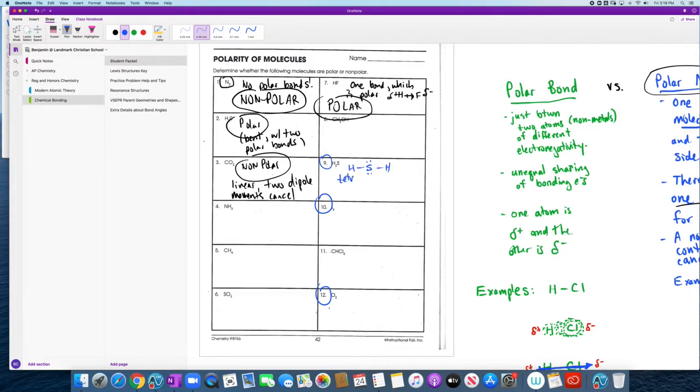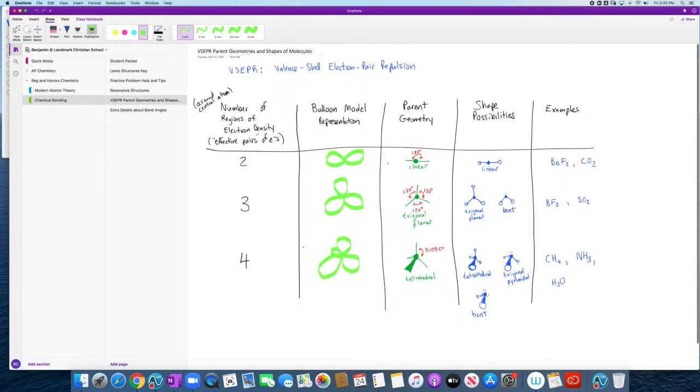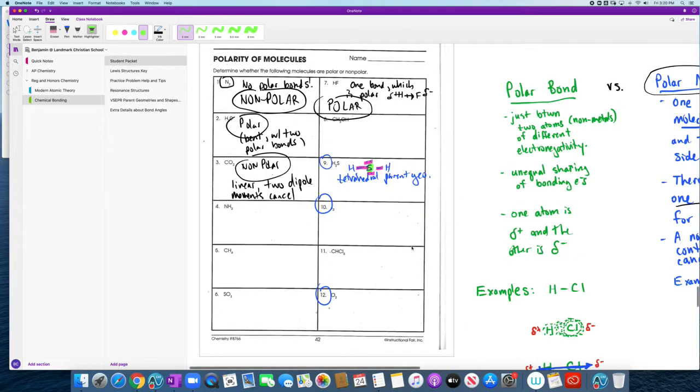The shape is tetrahedral parent geometry, because we've got 4 effective pairs of electrons around that central atom in here. And so those 4 effective pairs of electrons are going to give rise to tetrahedral parent geometry. But with 2 lone pairs, we've got a bent molecule, just like the water molecule. So this is bent shape.